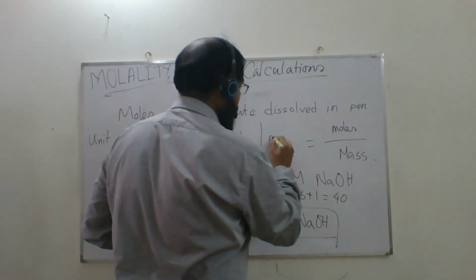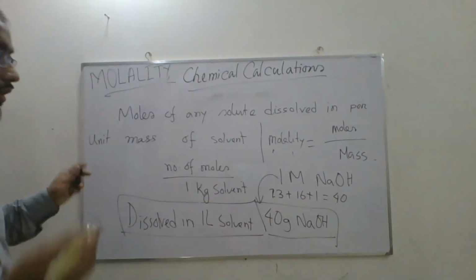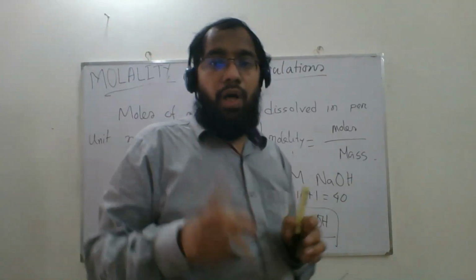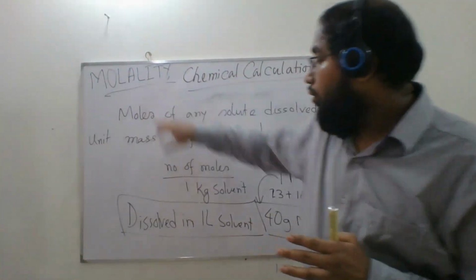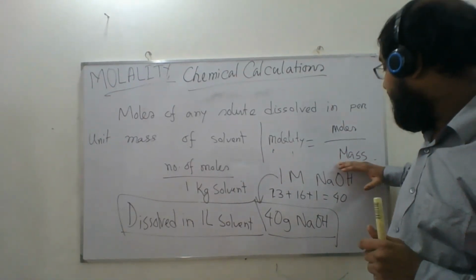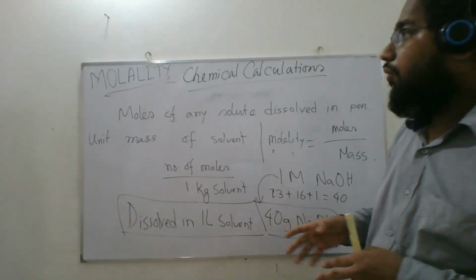Basically almost the same, but in molality we use per unit mass, and in molarity we use per unit volume.